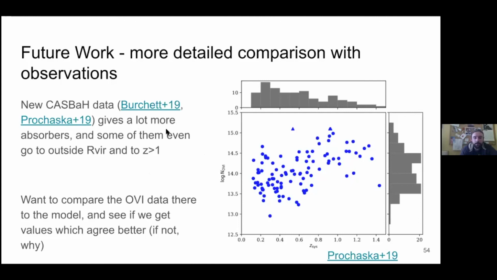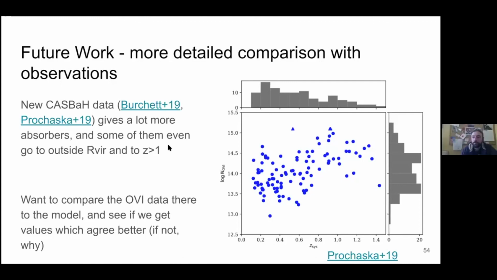His most recent paper was part of the CASBaH survey, and that had a bunch of neon 8 absorption spectra and lines at redshift 1 and actually further away from galaxies too, which is also exciting. So a lot of good stuff there. It's important because to get to oxygen 6, it takes about 130, 140 eV, and neon 7 to 8 is 200. Right. That would be a really interesting diagnostic for you to use.